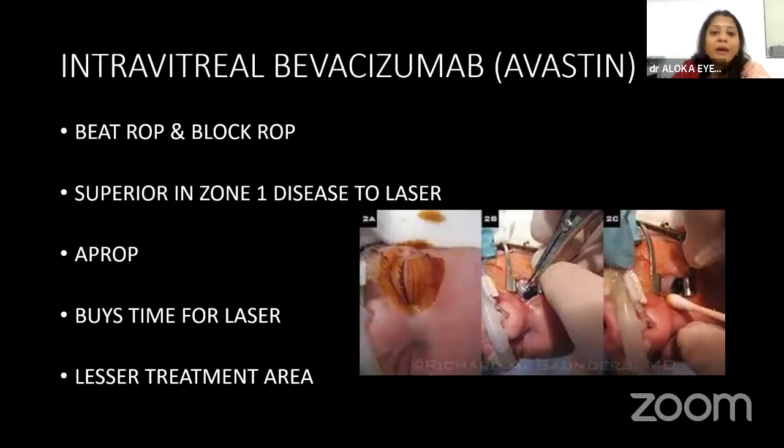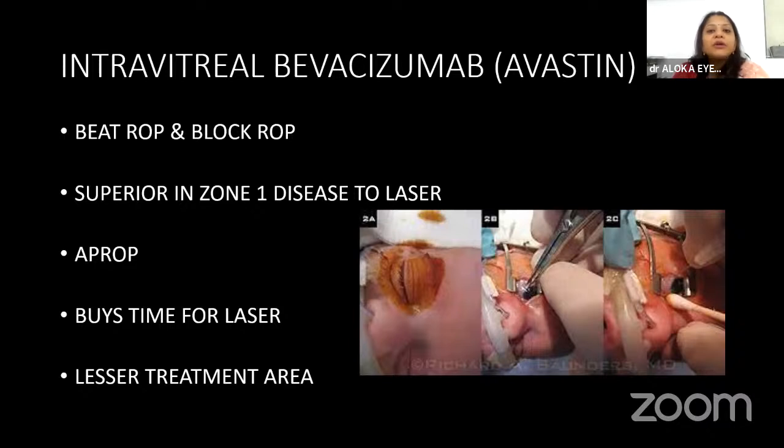Intravitreal bevacizumab or Avastin, like we all know, is definitely very good for zone 1 ROP. Now, zone 1 is where the disc and macula are there, and if we are lasering there, we are seeing a lot of visual difficulties in these children. And Avastin, that is anti-VEGF. So like we saw in the etiology, VEGF is actually the one which is increasing in your second phase and causing vasoproliferation.